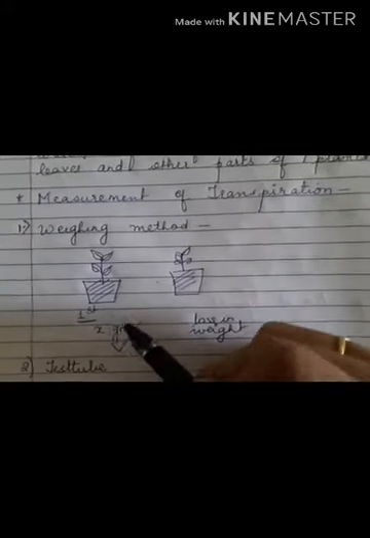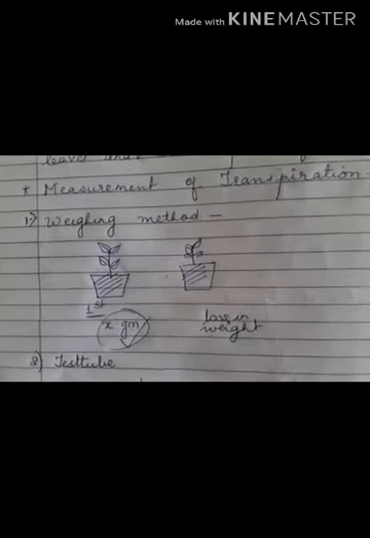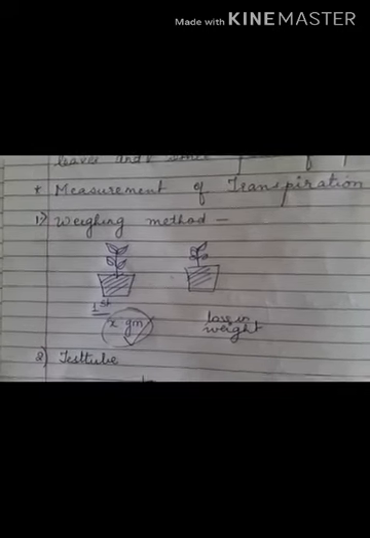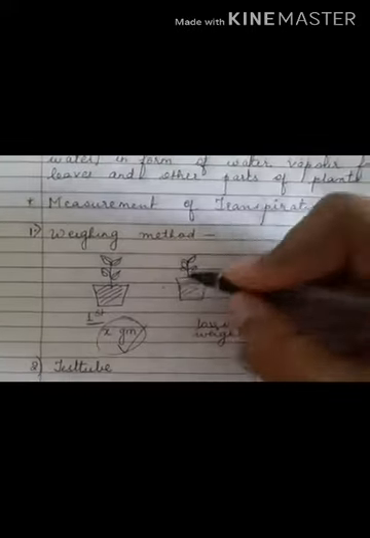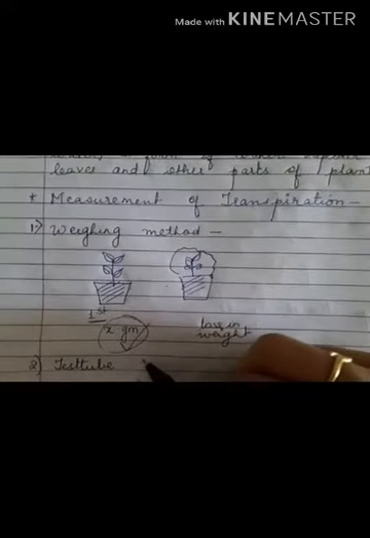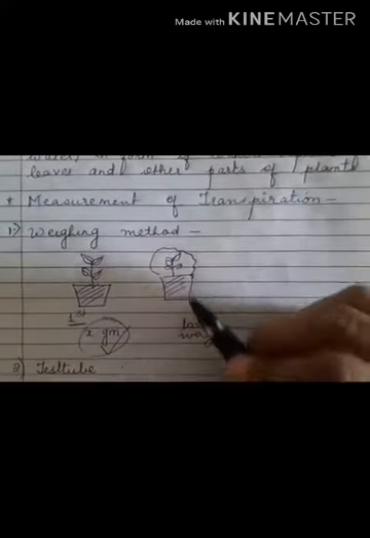First you weigh the plant, and you will get some value, which is x grams. Now what you are supposed to do is cover the soil surface and the pot to prevent evaporation, and then measure it again. For example, we will put a polythene bag over it. First we measured it, it is x grams, then you measure it again after covering with a polythene bag.